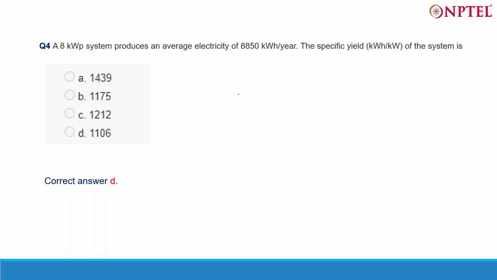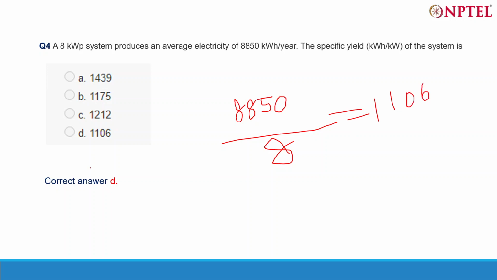How can you calculate the specific yield? What is the yield? 8850. And how much is the system? 8 kilowatt. So just divide it. You will get 1106. So the correct answer is answer D.